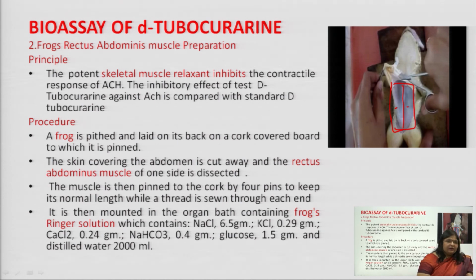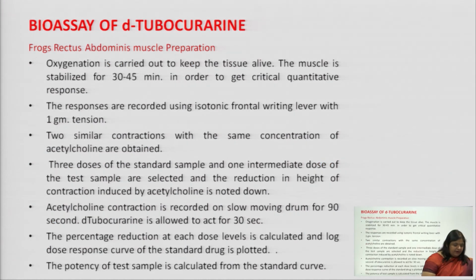So this is the frog Ringer solution, or what we call the physiological salt solution, to maintain all the conditions externally, and this is the in vitro experiment, the graded response bioassay method which we are using here.